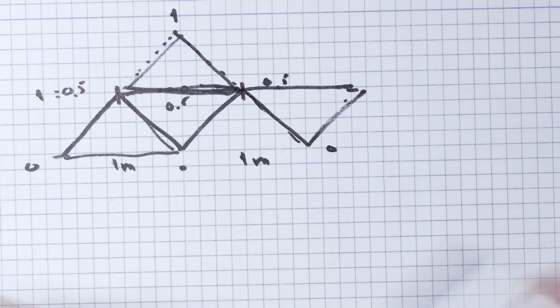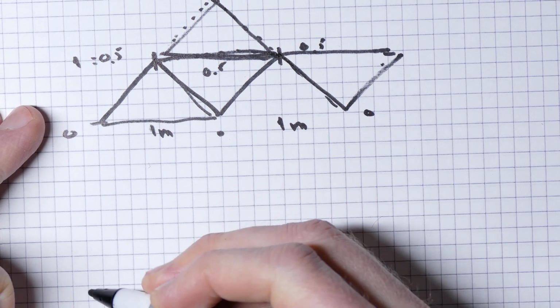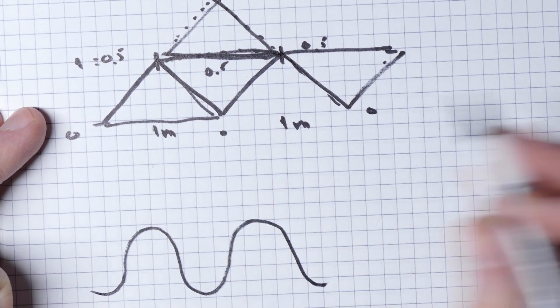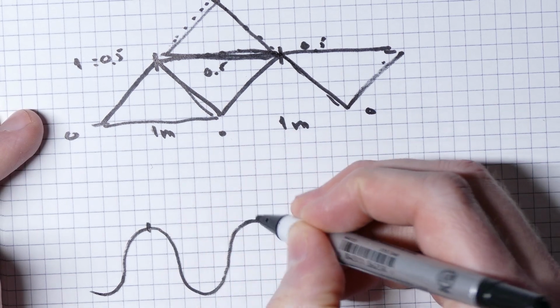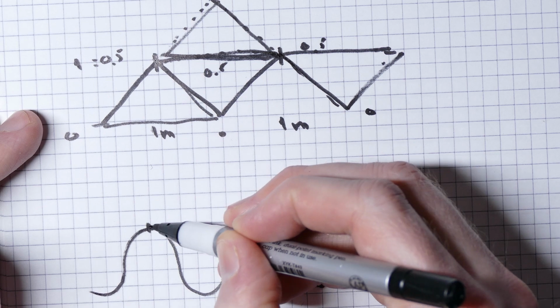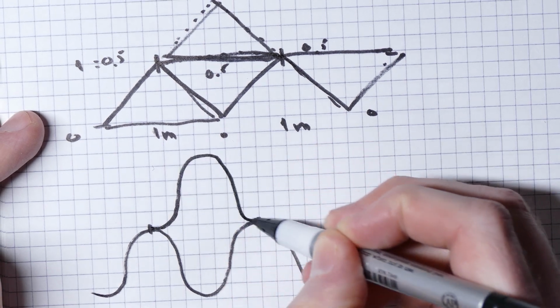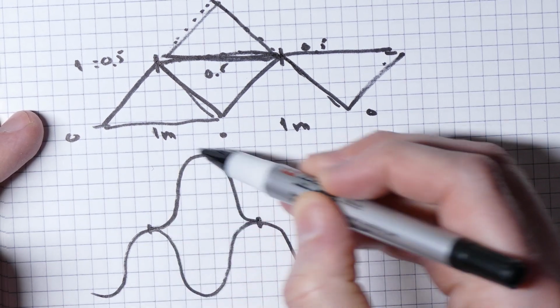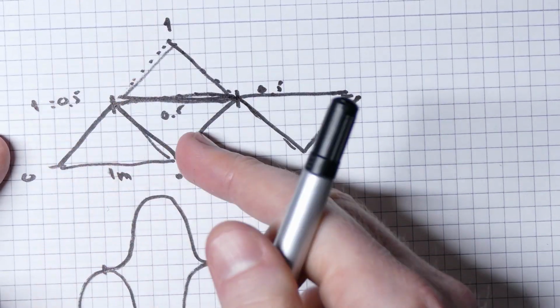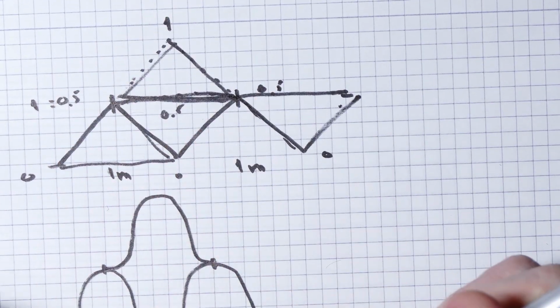And I'll show you why. For instance, if you have a sine wave here, and what happens if you take the peaks here at 1 and you invert the phase there, you get this kind of shape. So that is the waveform you get if you do this with a sine wave.